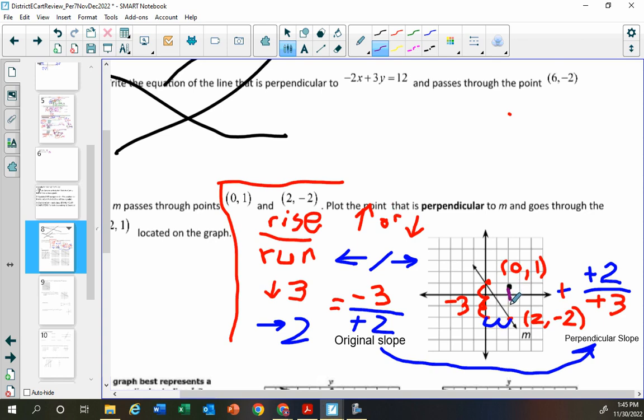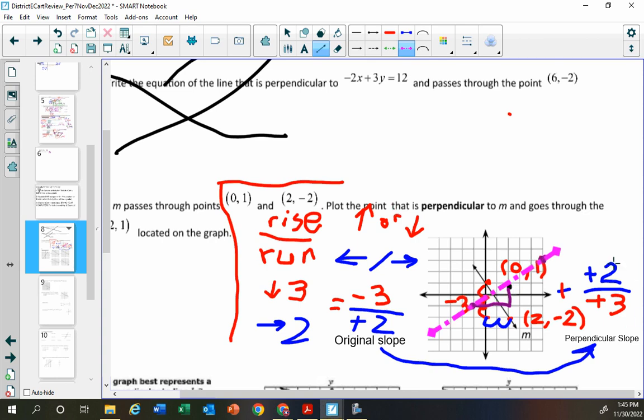So you'd have to go down, left, or you can go up, right. The line's going to look something like this. So that's going to be your new line.